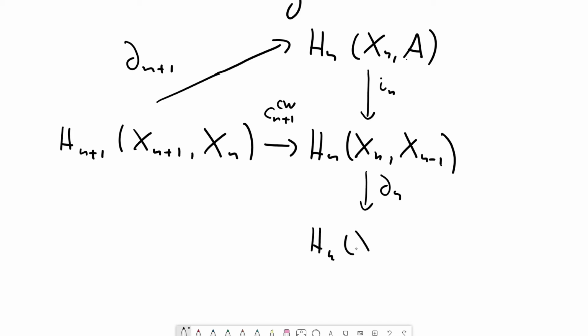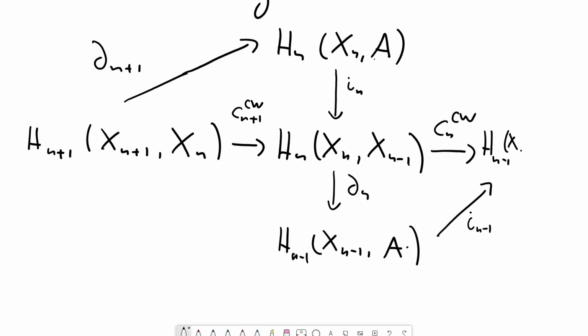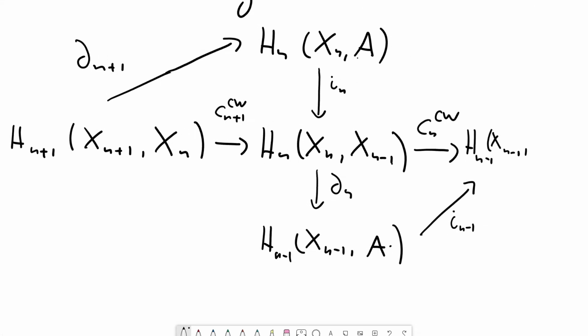Then I end up here at the (n-1)st homology of the (n-1)-skeleton relative to this subspace A. And as before, the next cellular differential, C_n^{CW}, is the composition of the triple sequence boundary homomorphism and the inclusion, which I now call i_{n-1} to be consistent with the previous notation. This now goes to the (n-1)st homology of the (n-1)-skeleton relative to the (n-2)-skeleton. I will need some space.